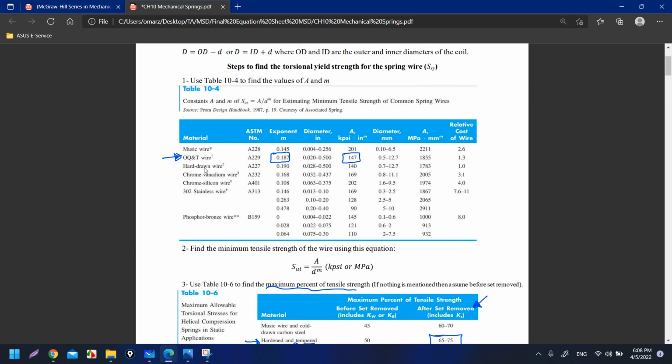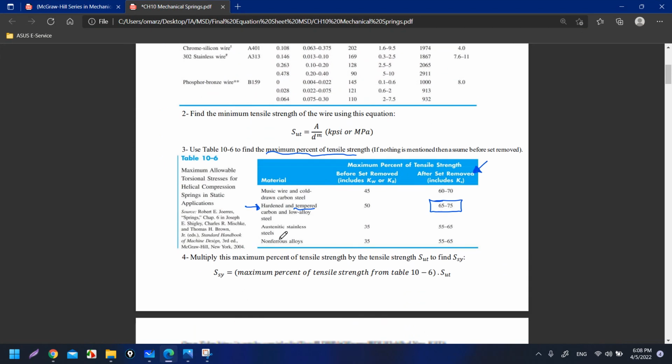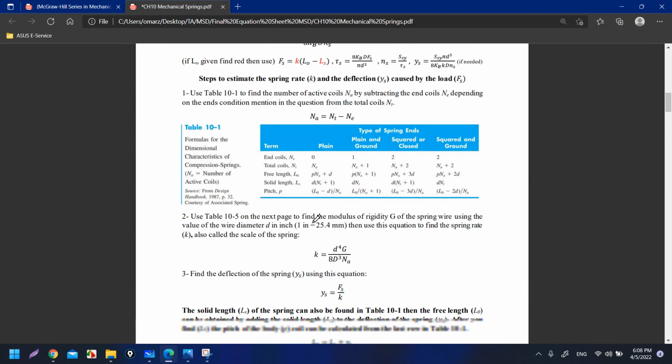This is how we represent the sentence: quenched and tempered steel wire. And fixed between flat parallel surfaces. This sentence will help you find the end condition constant alpha.